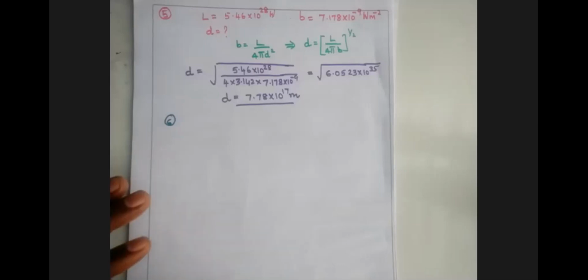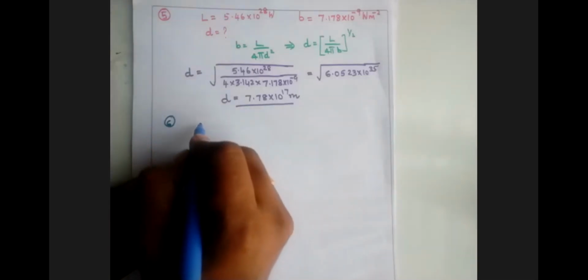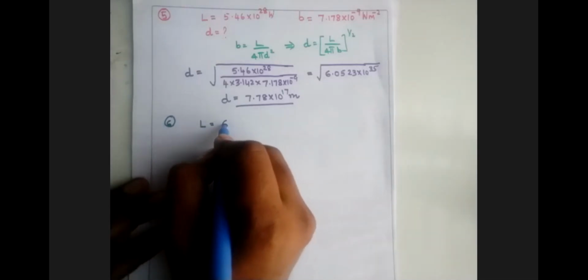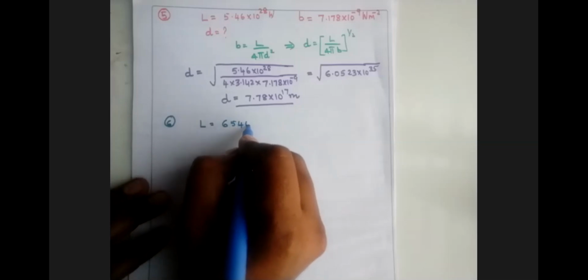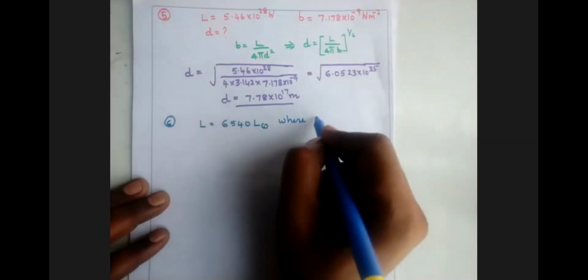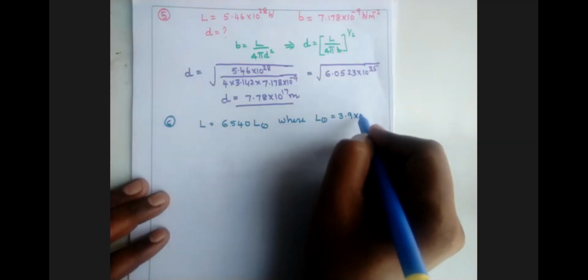Now, the data given in the problem is luminosity of the star is given as 6,540 times the luminosity of the sun, where the luminosity of the sun is given as 3.9 into 10 to the power of 26 watts.